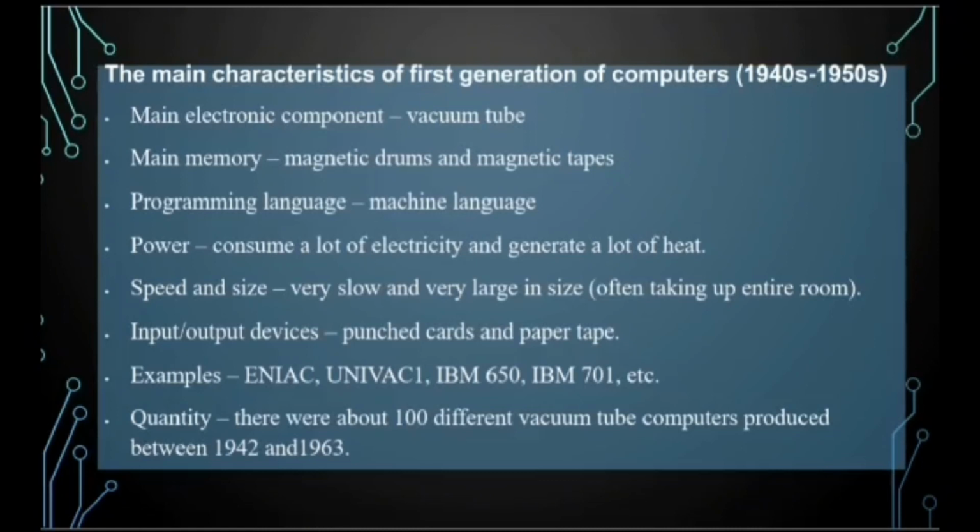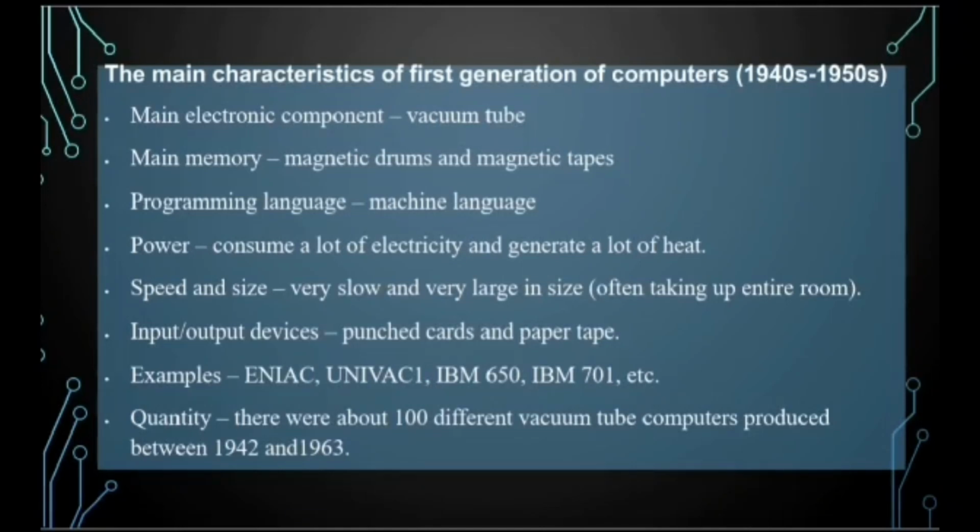Both devices were prevalent in the mid-20th century, providing a means to input and output data in early computers and mainframes. However, they were eventually replaced by more efficient and versatile storage and input methods such as magnetic tapes and direct keyboard entry.